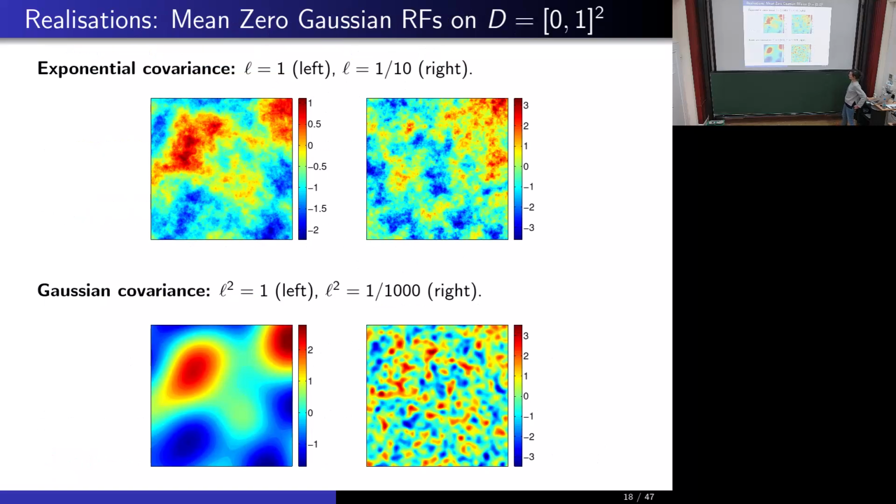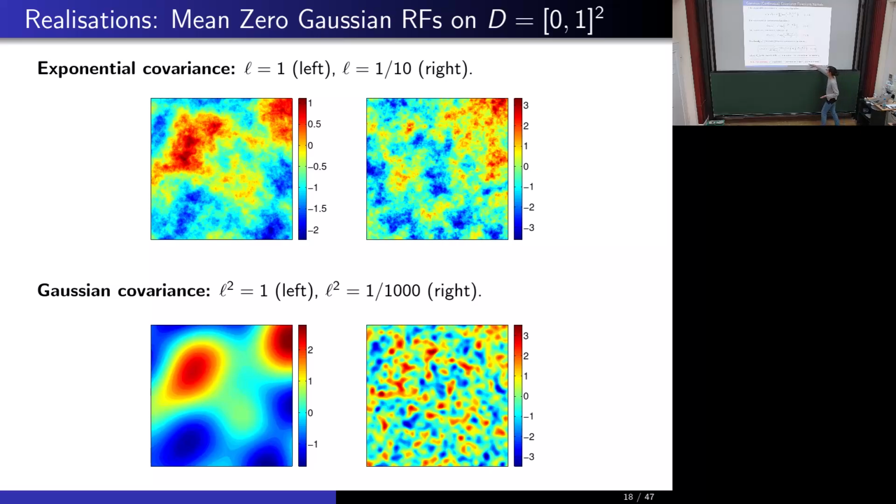Let me give you just a quick picture to illustrate some of that. I've got two different covariance functions, the exponential and the Gaussian. Gaussian, because we've got the square of the 2 norm here, whereas here we only have the 2 norm. When you draw spatial samples from a random field with the Gaussian covariance function, you get spatially smoother functions.